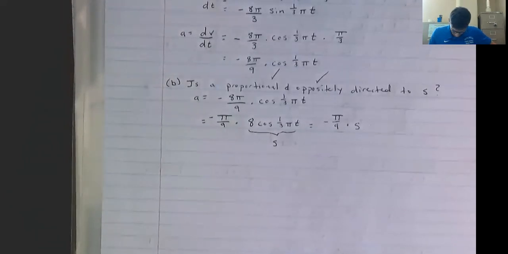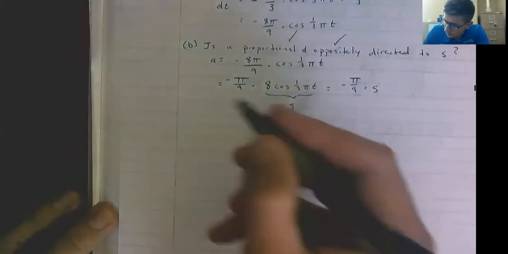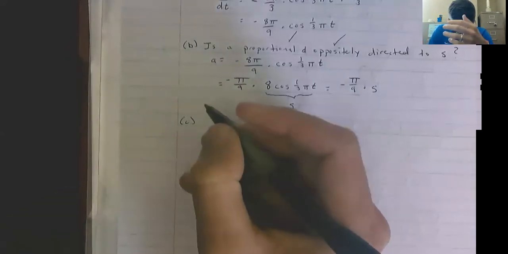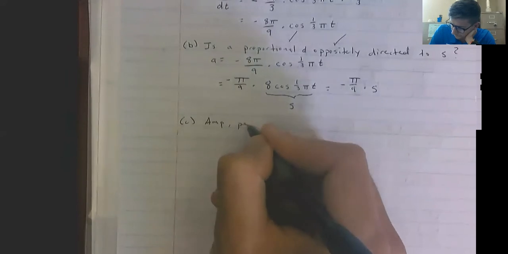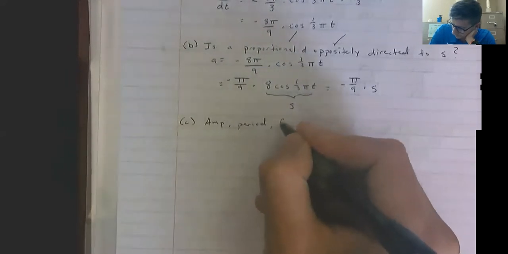And then part C, find the amplitude, period, and frequency of the motion, and then we're going to get out of here. C, we want to find amplitude, period, and frequency.